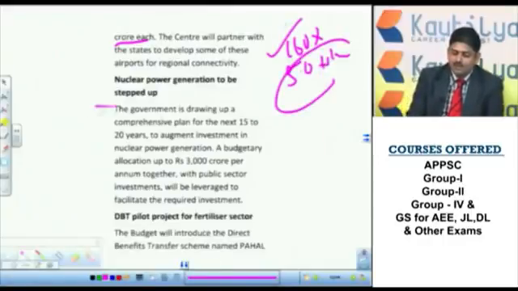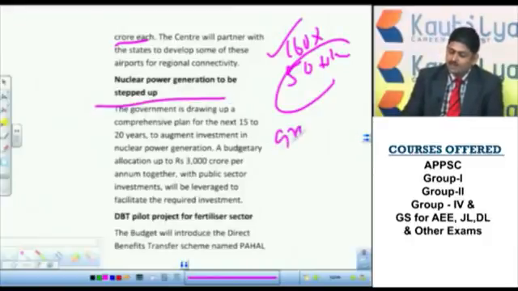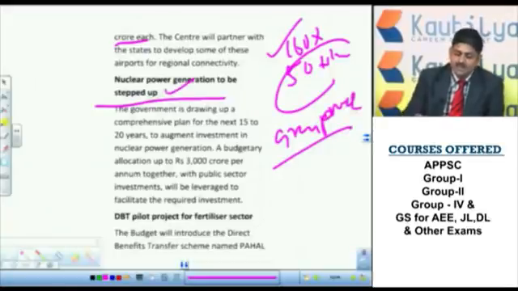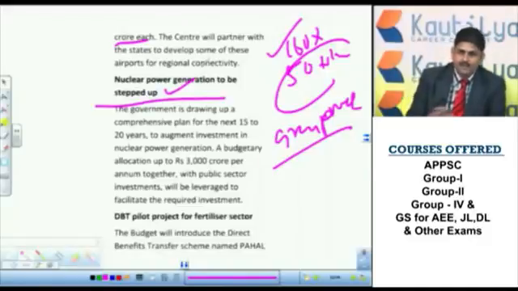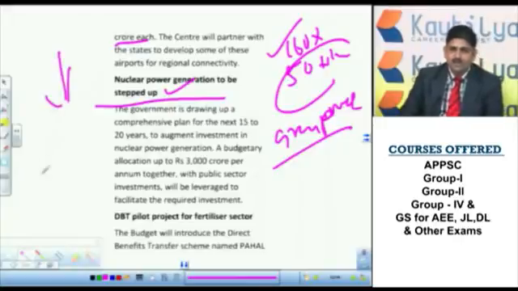Next, nuclear power generation. As I already told you, this is generally considered green power. Solar power is also green power. Even though the initial cost is high, when it comes into operation, the production cost will come down, so it benefits.